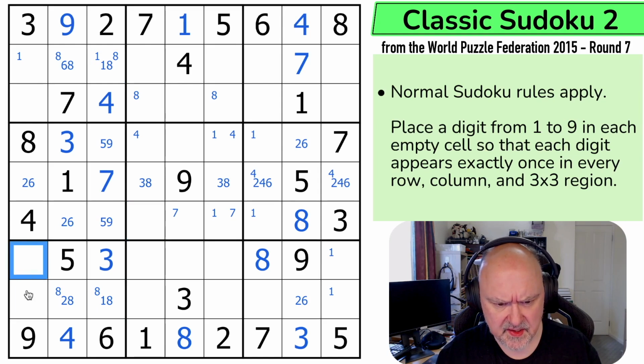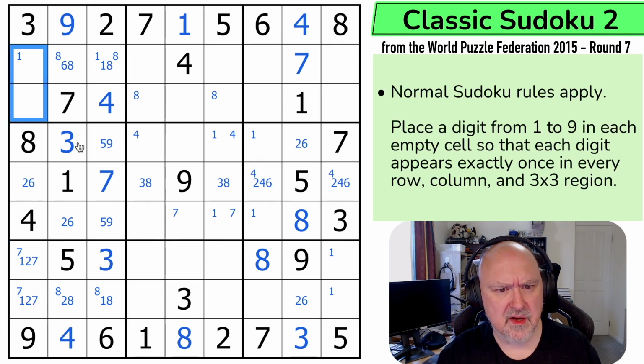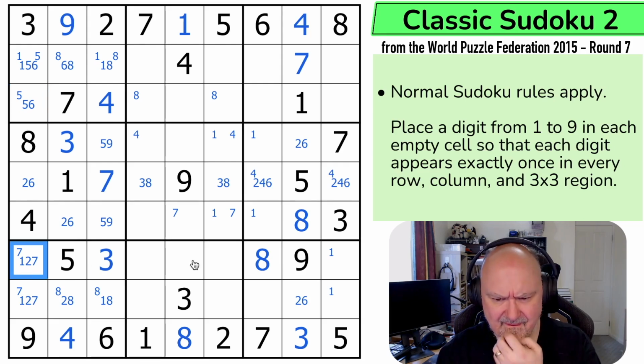What can these be? Well, there's a digit I haven't placed. There must be a 7 in here because these are 1, 2, 7, and 8. So these are just from 1, 2, and 7. And these are from 1, well, there must be a 5 in one of those. These are 1, 5, 6, 8. So they're 1, 5, 6. And there's no 1 there. Huh.